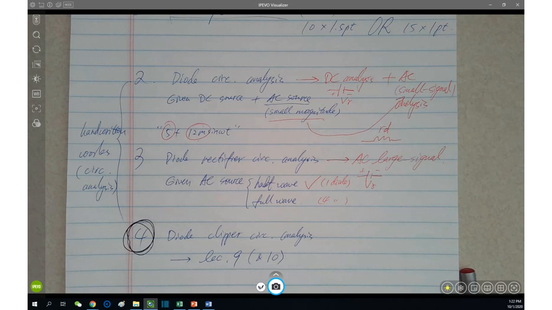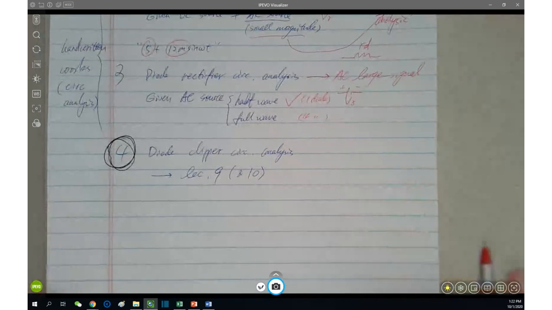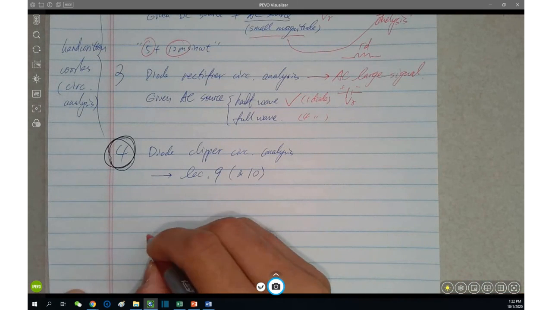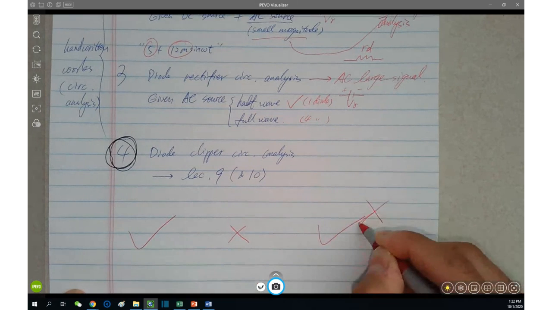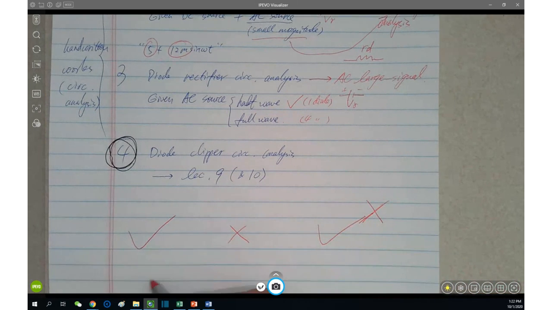But for the rest of you, let me explain my grading here. First of all, my grading way is like this. I have three different marks.